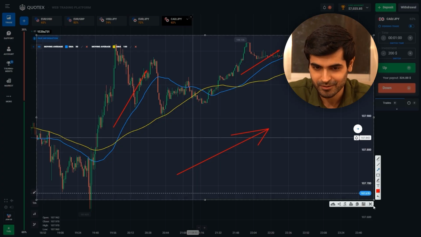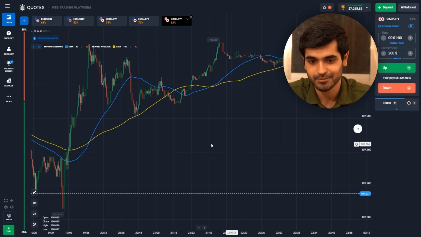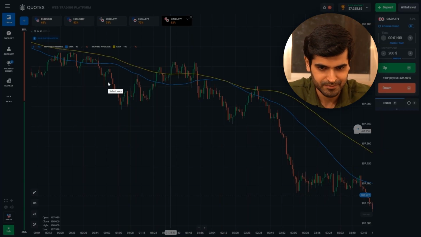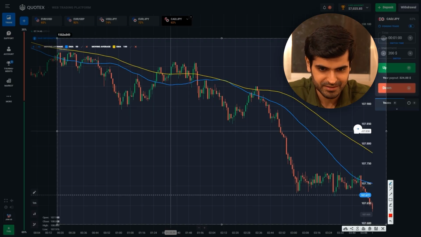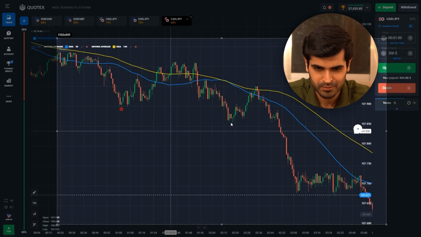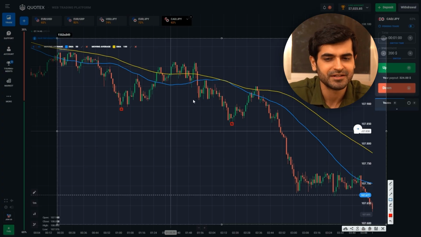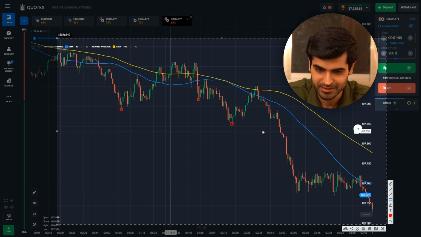Now let's break down specific trading setups. Right now I am marking the local price lows, the lowest points before a bounce. These are what interests us since the yellow MA is above the blue one, a downtrend phase.